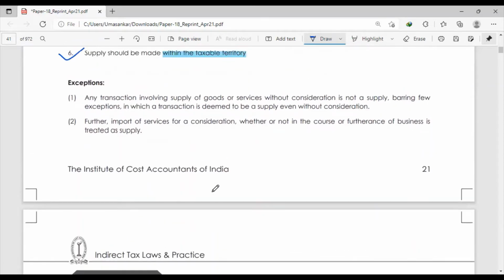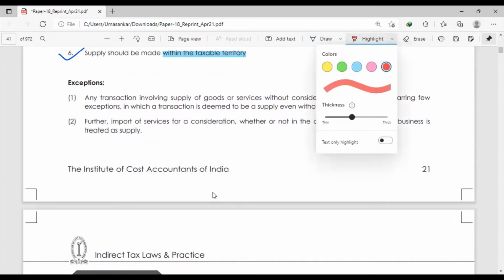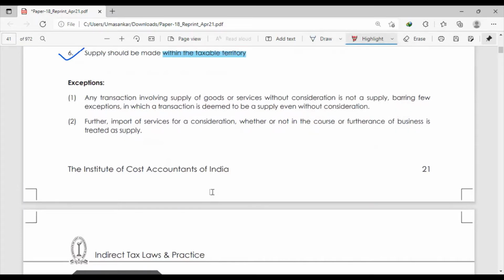Obviously, there will be some exceptions. So we'll go through the exceptions. What are the exceptions? Any transaction involving supply of goods or services without consideration is not a supply. So if there is a supply of goods or services for which there is no consideration, it will not be considered as a supply, barring a few exceptions.